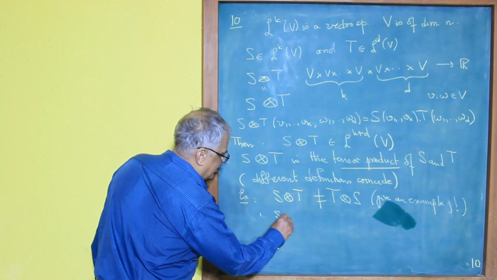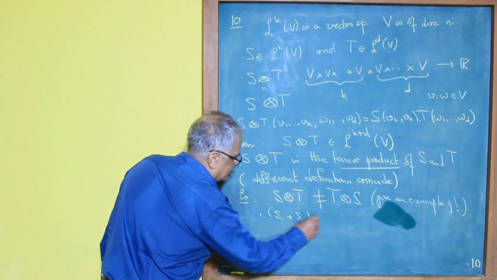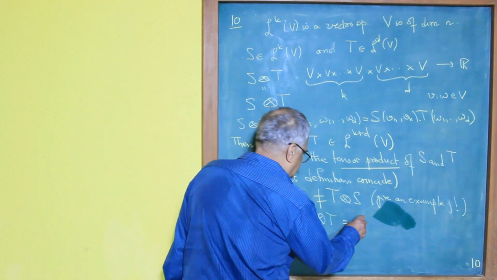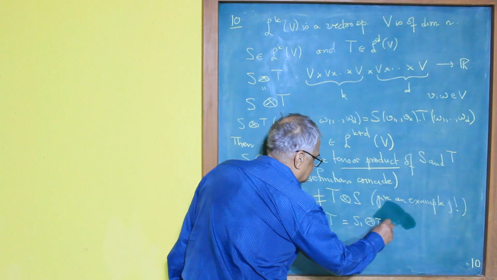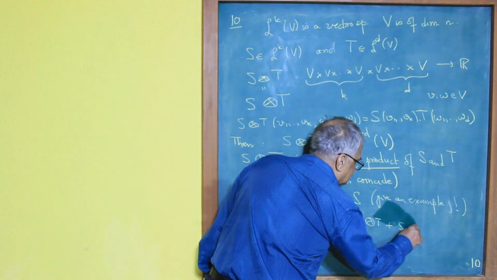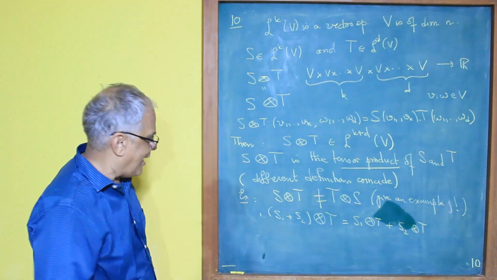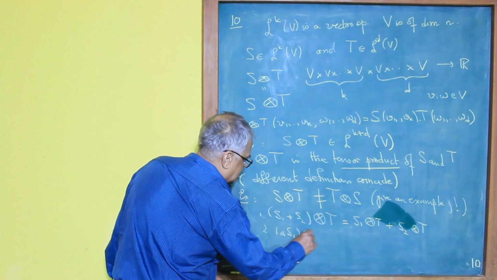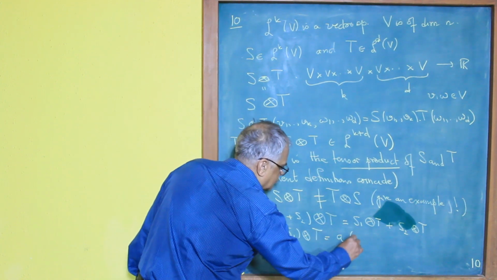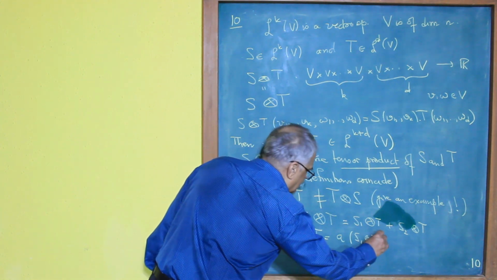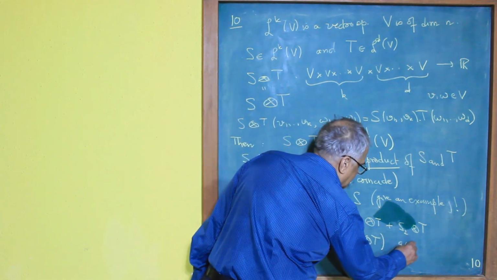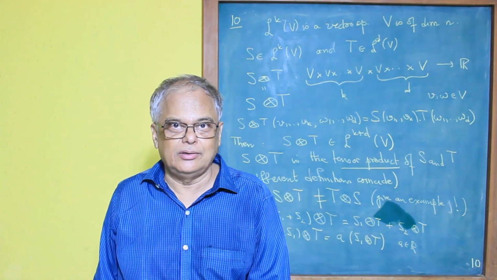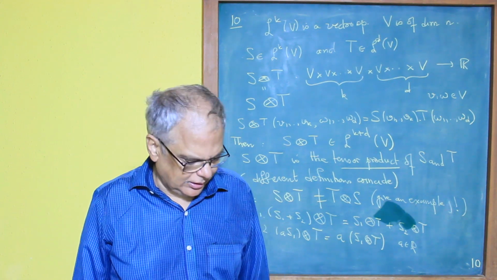That S1 plus S2 tensor T equals S1 tensor T plus S2 tensor T, and so the tensor product distributes over the addition.